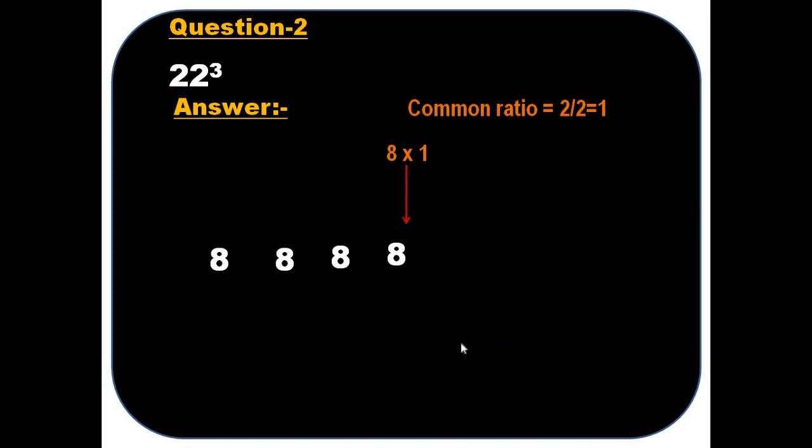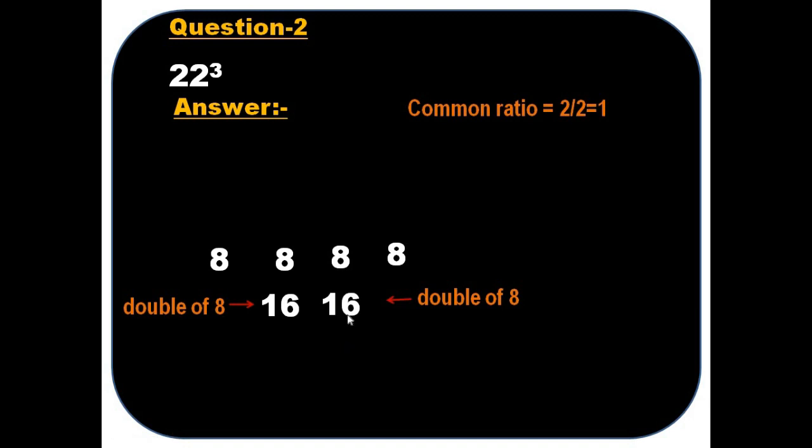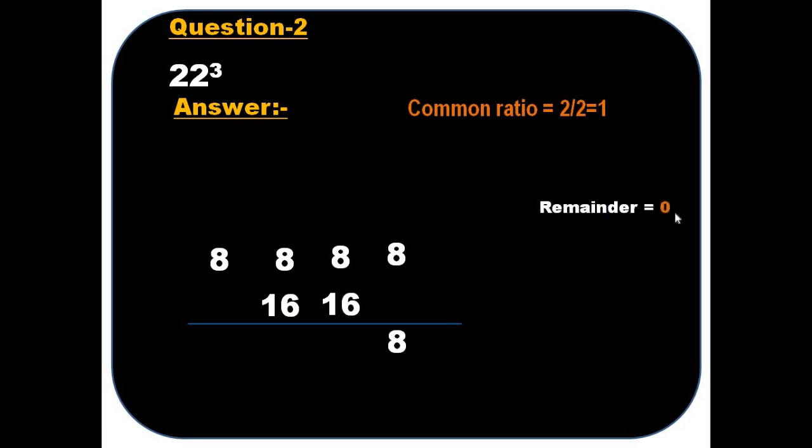Now the second stage, we just write the double of 8 just below 8, that is 16. Again the double of 8 just below 8, it is also 16. Now add these two rows. First is 8, that is no remainder, that is 0. Now 16 plus 8, it is 24. The remainder is 2.